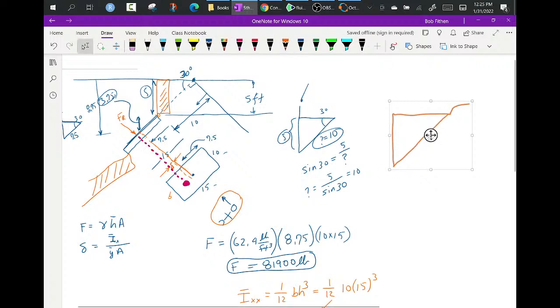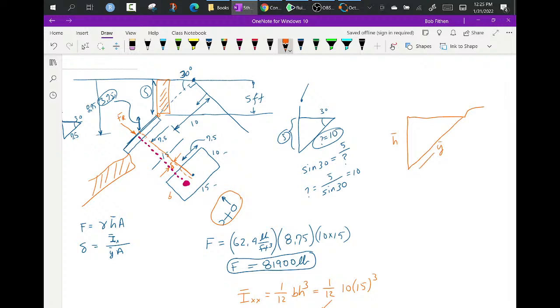I'm going to put it back on there and pull it back off. And now I'm going to say this is h bar, this is y bar. And it's true, that's 30 degrees. So we already found this being 8.75, right? Let's see what that might end up.